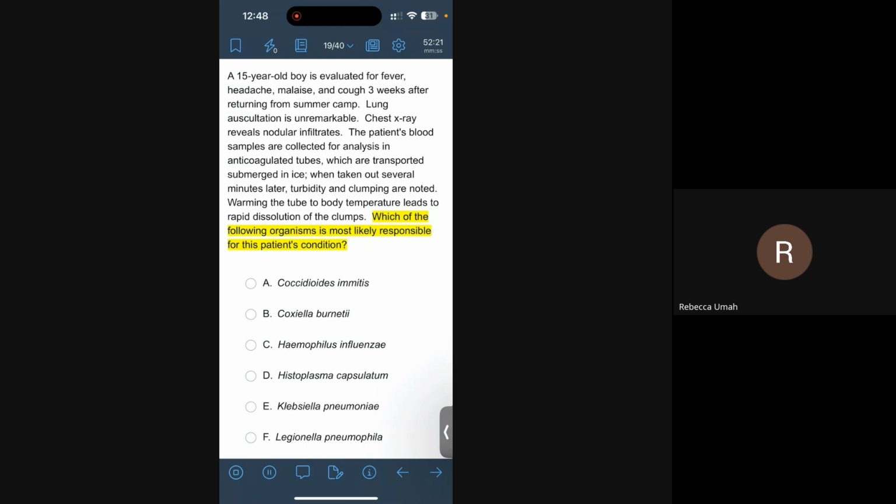A 15-year-old boy is evaluated for fever, headache, malaise, and cough 3 weeks after returning from summer camp. The patient's blood samples are collected for a test for bacteria.